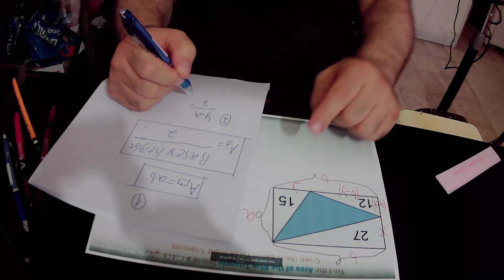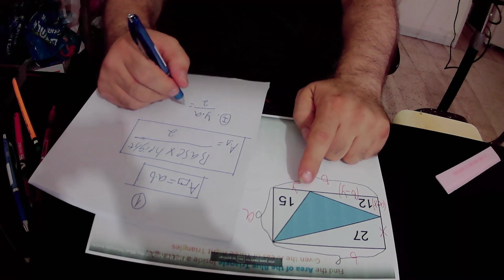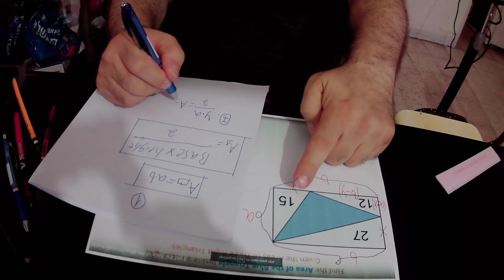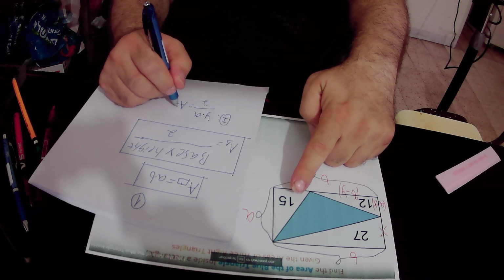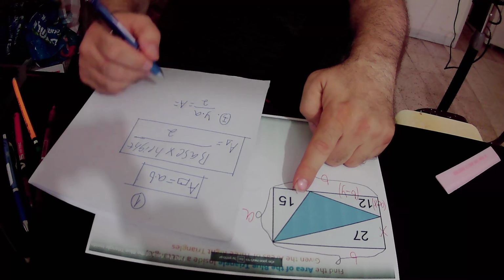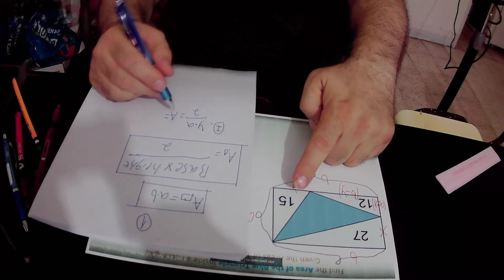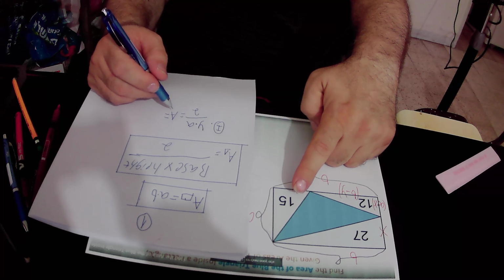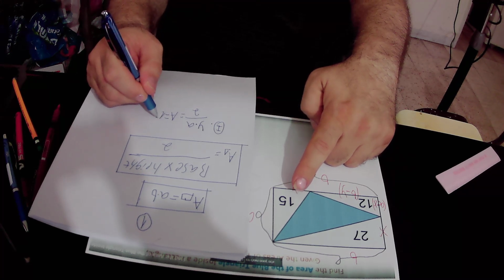That equals the area of this triangle. But we have already known that the area equals 15 units, so we can add to the formula that the area of the triangle equals 15 units.